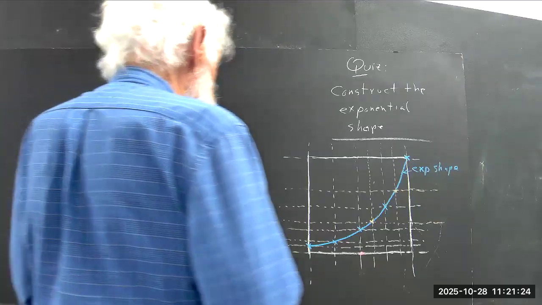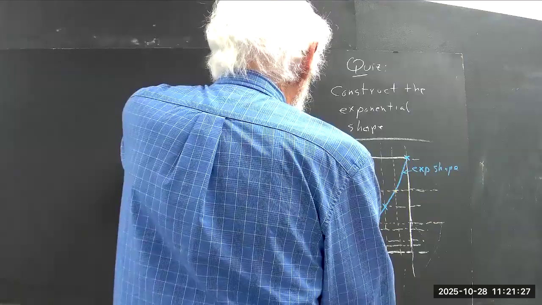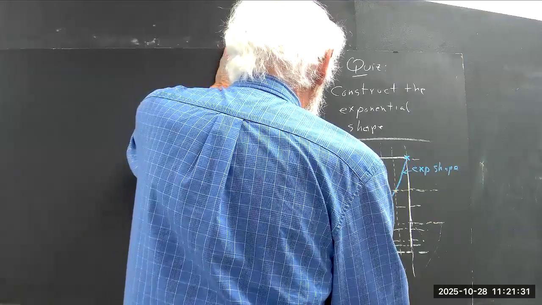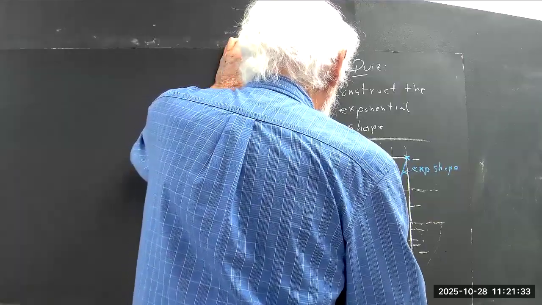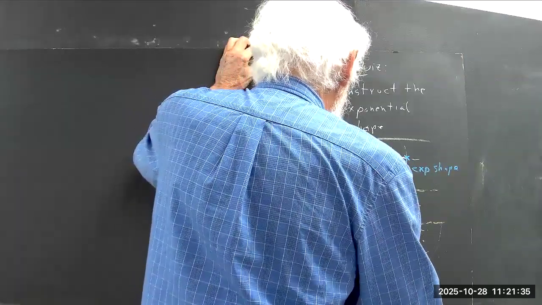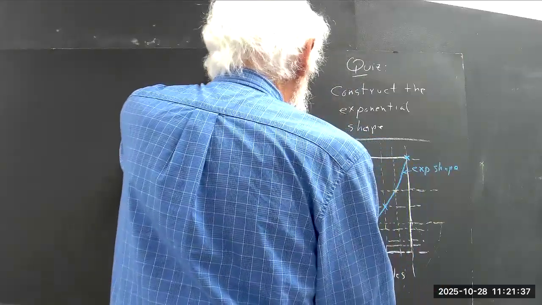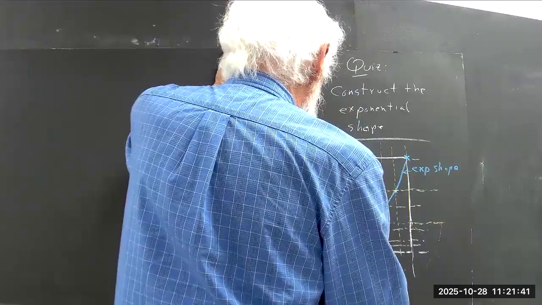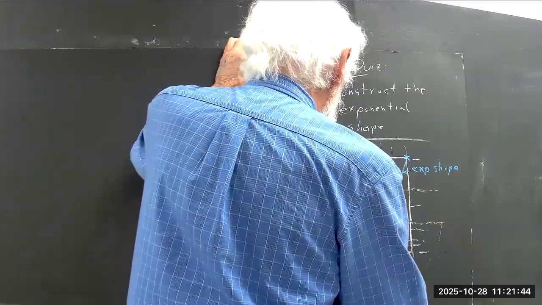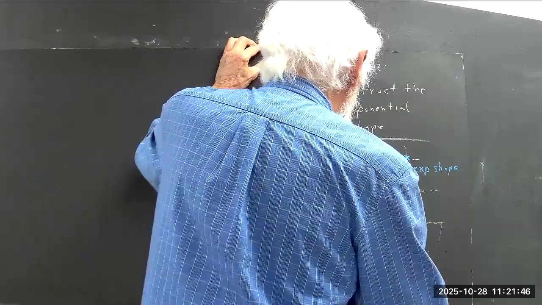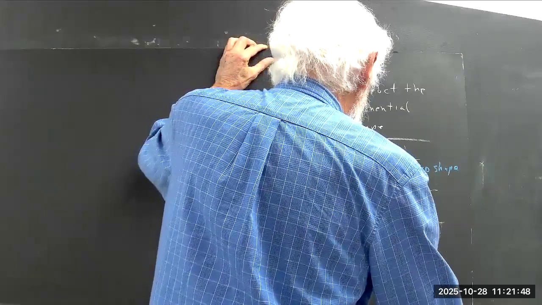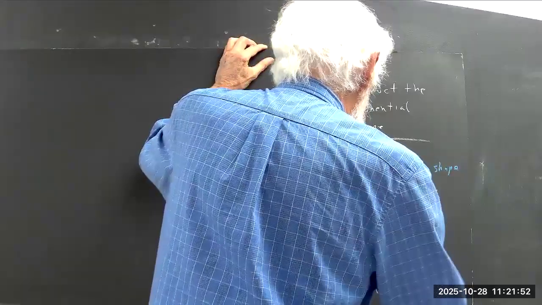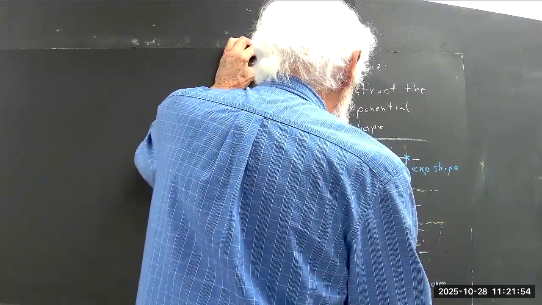So I'll say that the y value doubles every time we move over one construction line.